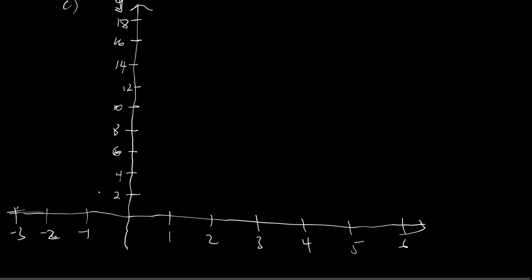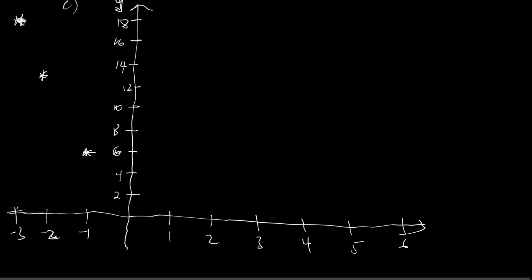So when x is negative 3, y is 18. So negative 3, 18 will be here. And when x is negative 2, y is 11. So negative 2, 11 will be here. When x is negative 1, y is 6. So negative 1, 6 will be here.